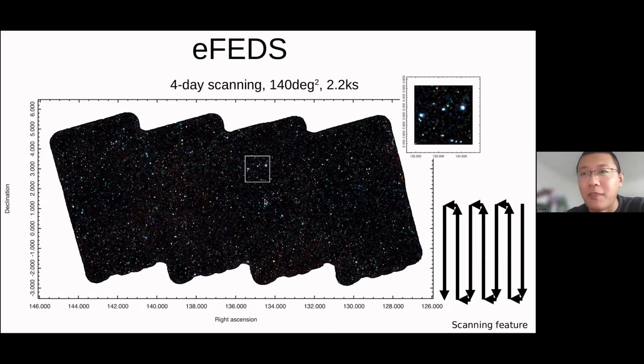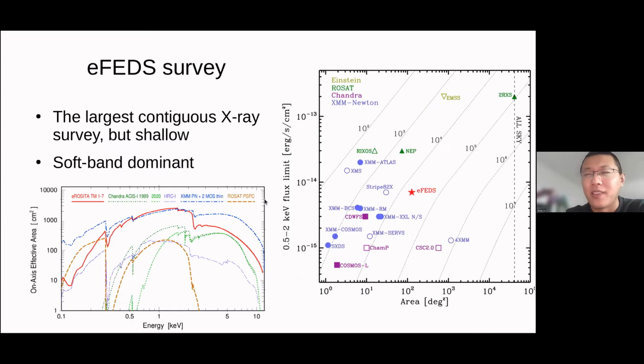This is about the eFEDS region. With the eFEDS field, we obtain a large catalog. Here, I want to compare the eFEDS survey with some other surveys in the space of the soft band flux limit and area. So let's put aside the full sky survey for now. In this space, these dotted lines correspond to catalog size, so with larger area and lower flux limits, it will lead to a larger catalog.